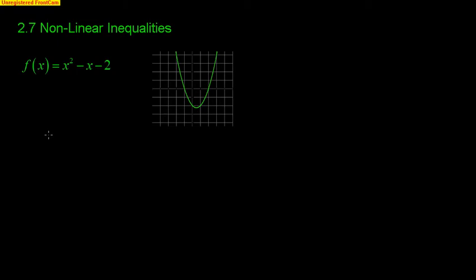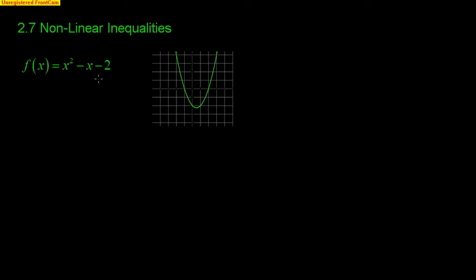This video is for section 2.7 of my pre-calculus class, and that is for nonlinear inequalities. So I have this quadratic right here, x squared minus x minus 2, and I see the graph of it right here.